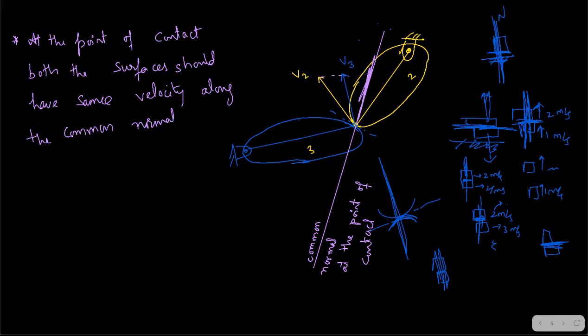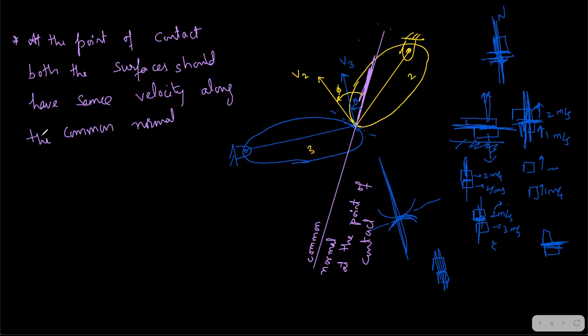So now first we have to decide the angles with respect to the common normal. Let's say this blue link has an angle of theta with the common normal, and the other one, the yellow link, has an angle of phi with respect to the common normal.